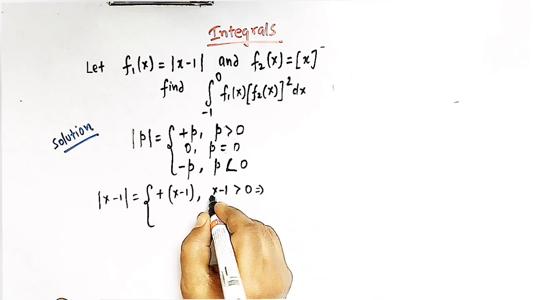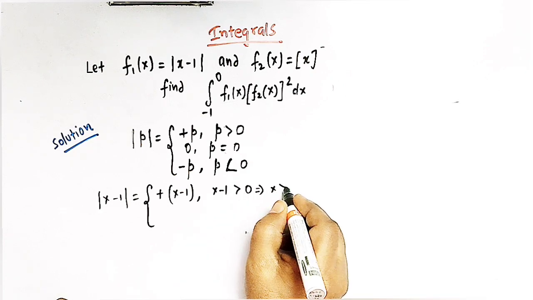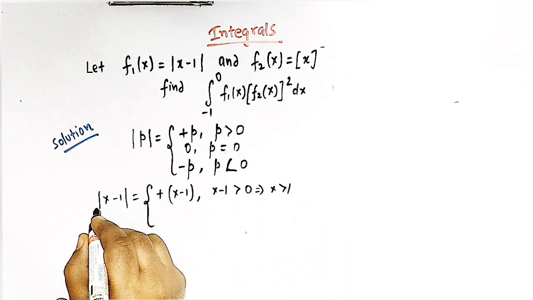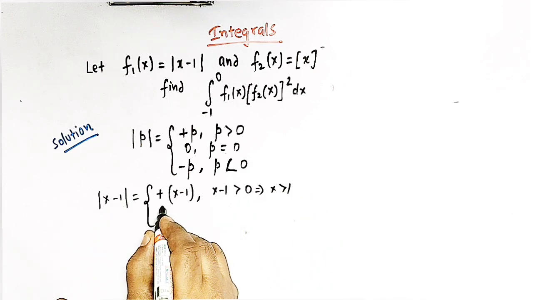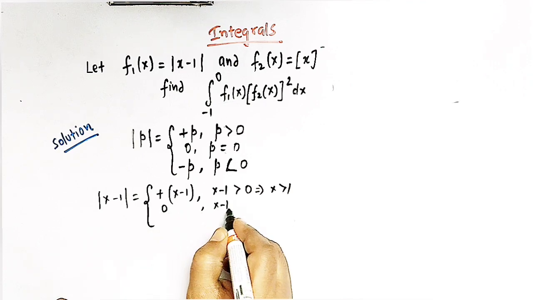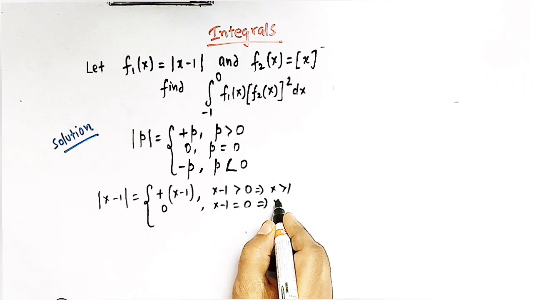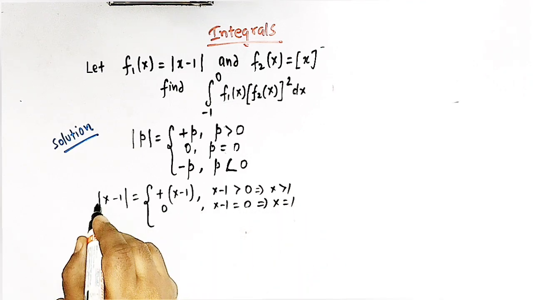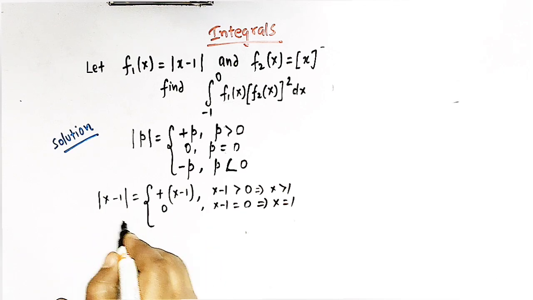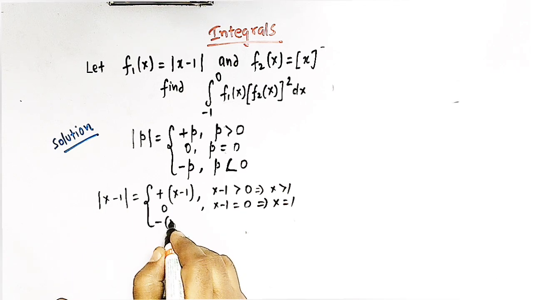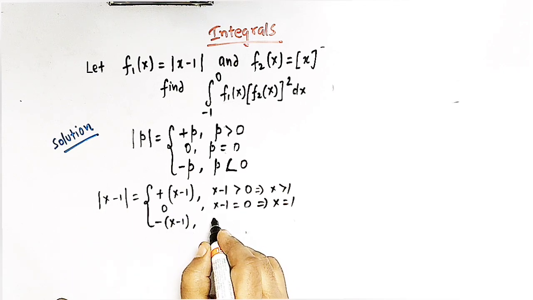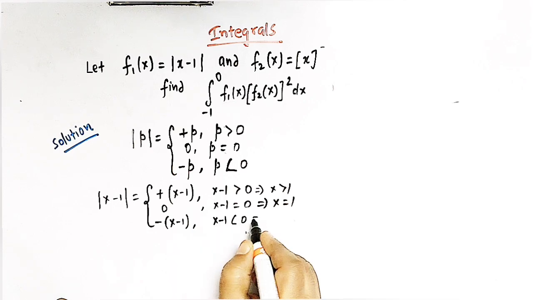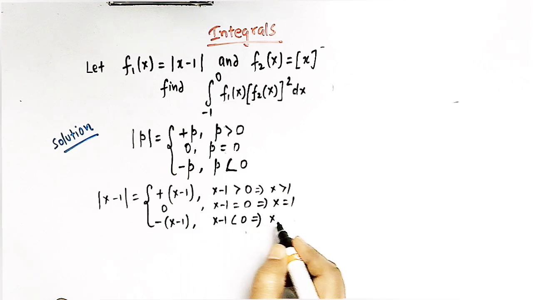From this inequality we have x greater than 1, right? And mod of x minus 1 is equal to 0 whenever x minus 1 is equal to 0, that is x is equal to 1. And mod of x minus 1 is equal to negative x minus 1 whenever x minus 1 is less than 0, and this implies x is less than 1, right?